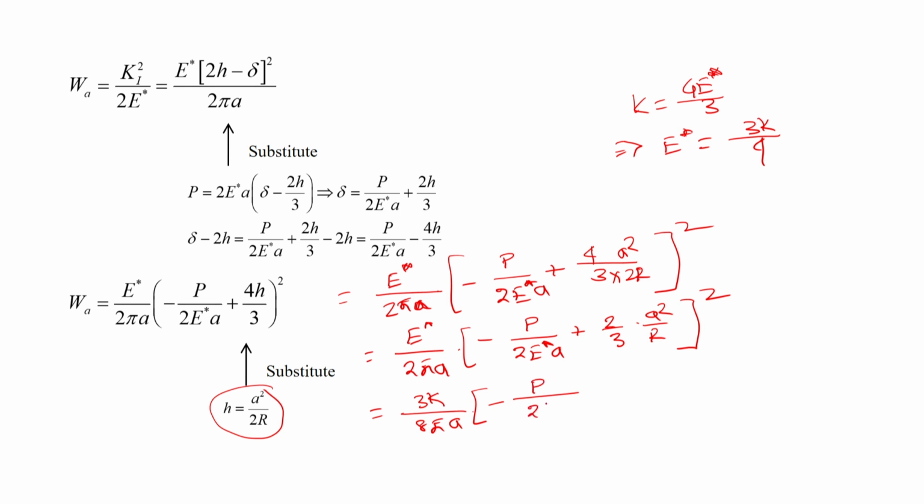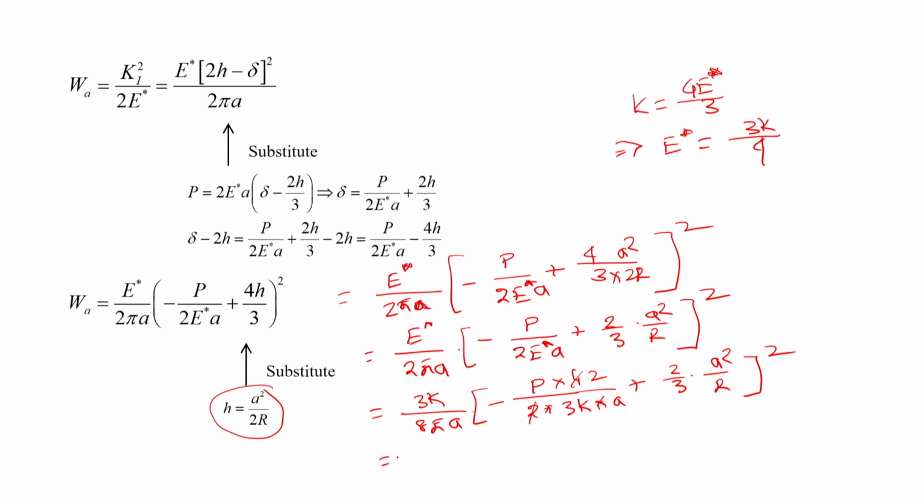So, it is 2 into 3 K by 4 into A, plus 2 by 3 into A square by R, whole square. So, this 2 and this 2 get cancelled. So, it is 2 by 3 K, this is 3 K, this is cross here. Okay. So, this is 2 by 3.